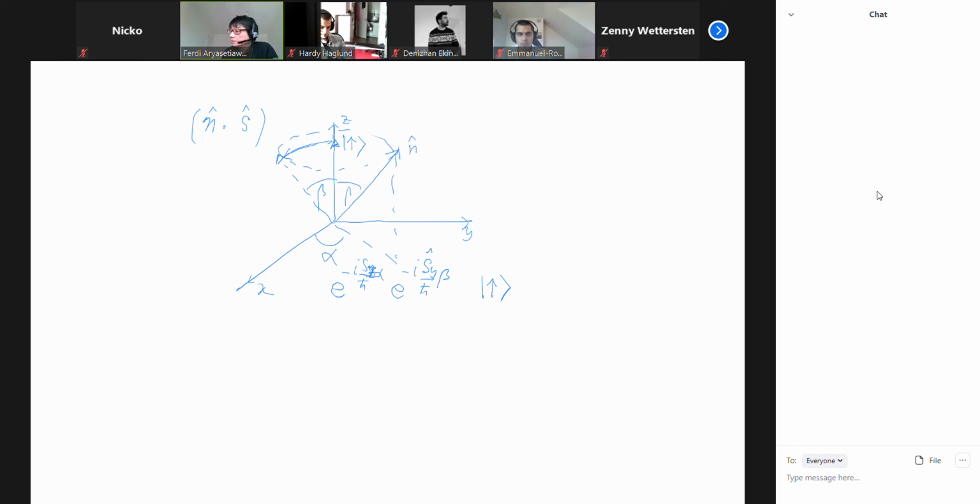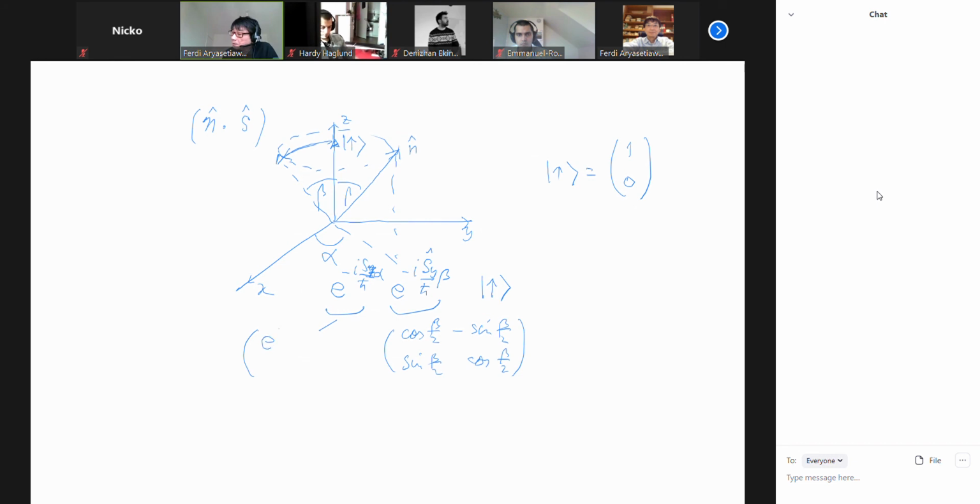So all we have to do now is just use the matrix representation of these two rotation operators and operate it on the spin state, that's the state 1, 0. And this is given by cos beta upon 2, minus sine beta upon 2, and this one is a simple form.